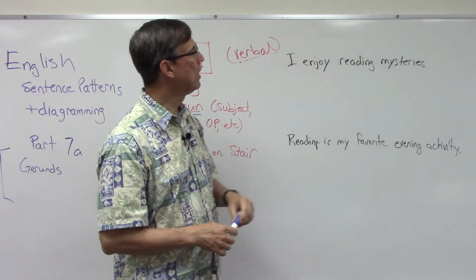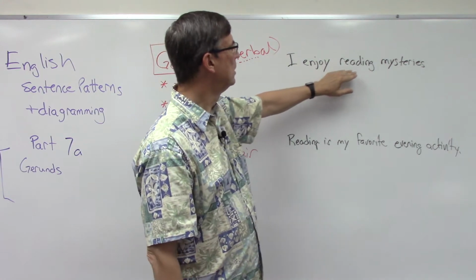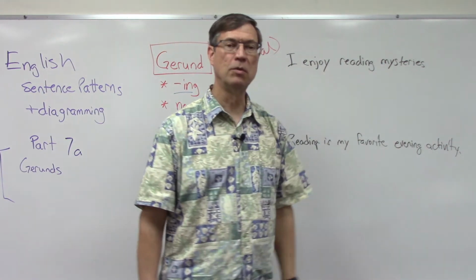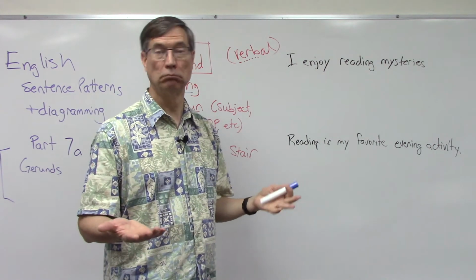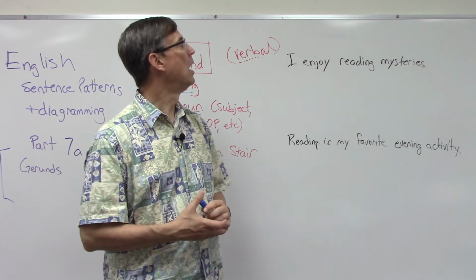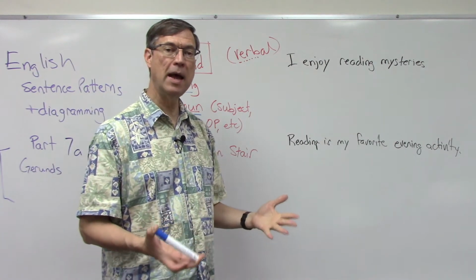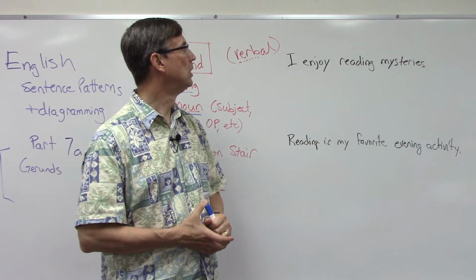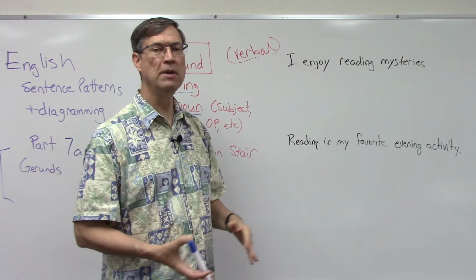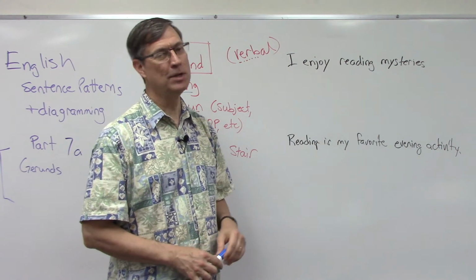So think about, I have a sentence here we're going to diagram in a minute. I enjoy reading mysteries. What if instead that said, I enjoy pizza? Pizza's a noun, right? I enjoy the beach. Beach is a noun. I enjoy, put your favorite food in there, put your favorite pet in there, activity.